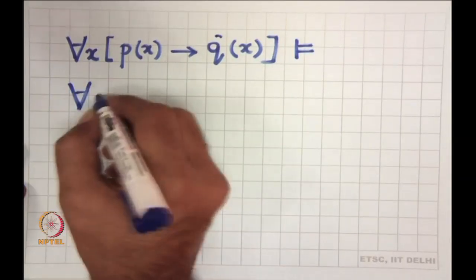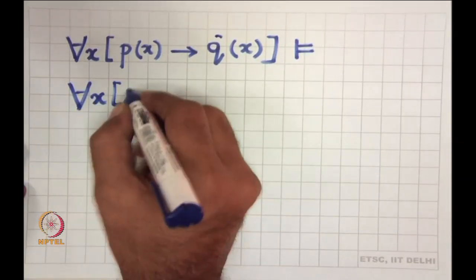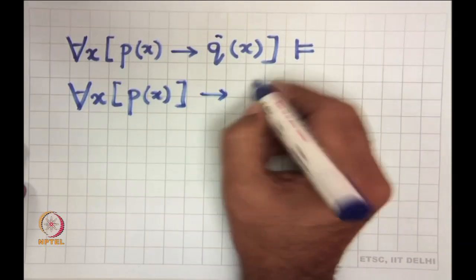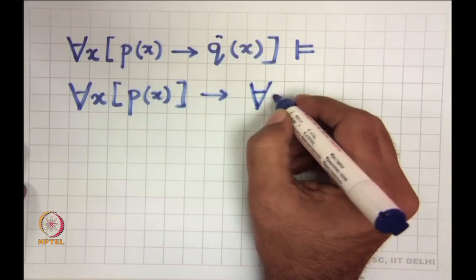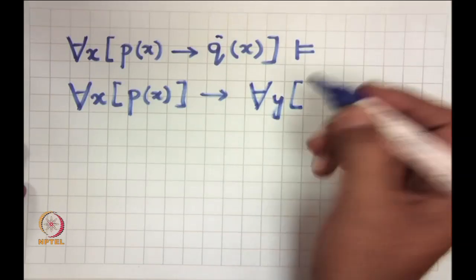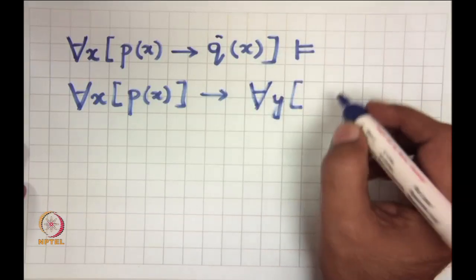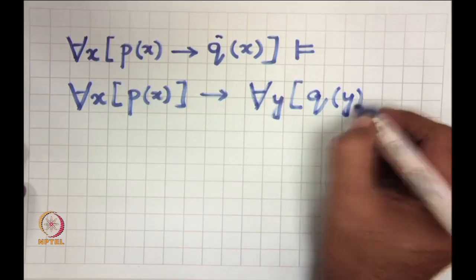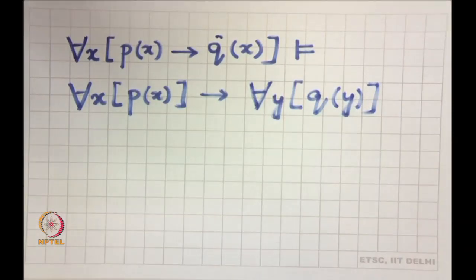One logical consequence of this is for all x p of x, and I am going to do an alpha renaming just to keep all the variables separate, right. It does not really matter, actually it does not matter at all, but anyway let us do this.